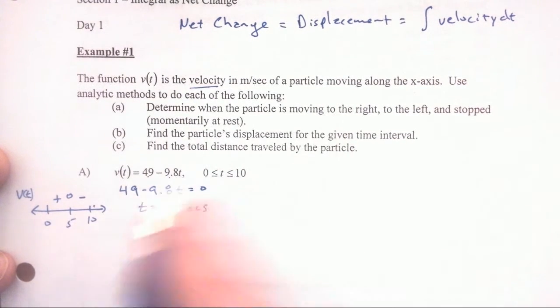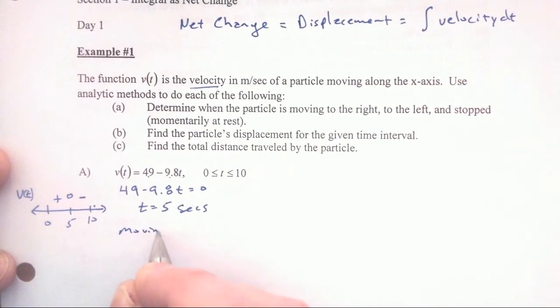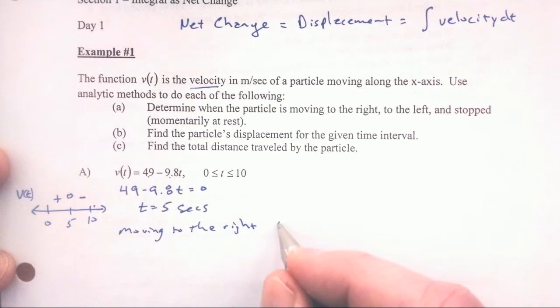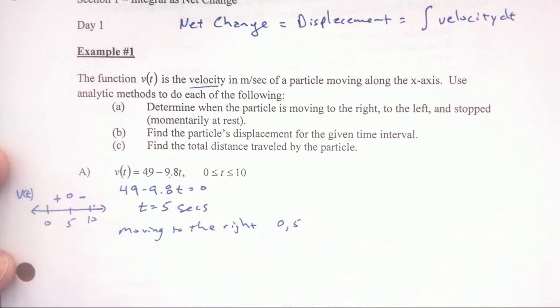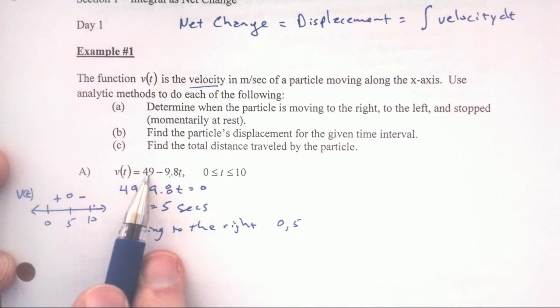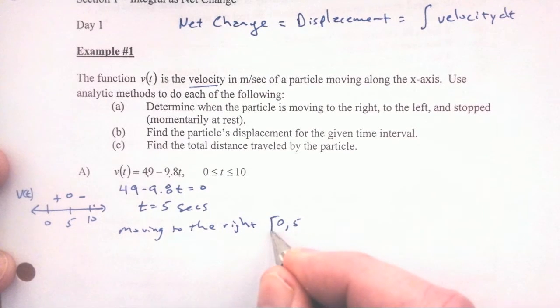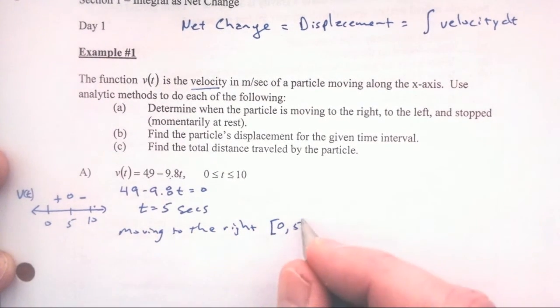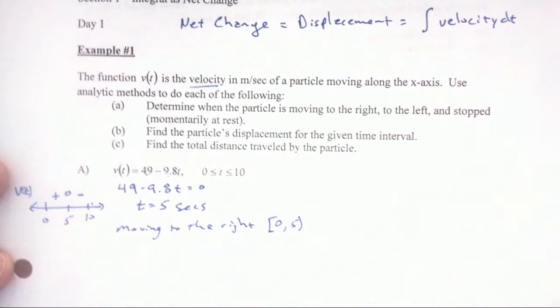Therefore, we are moving to the right on the interval from 0 to 5. Now, at 0, our velocity is positive, so I'm going to include 0. At 5, our velocity is 0, so I'm not going to include 5.